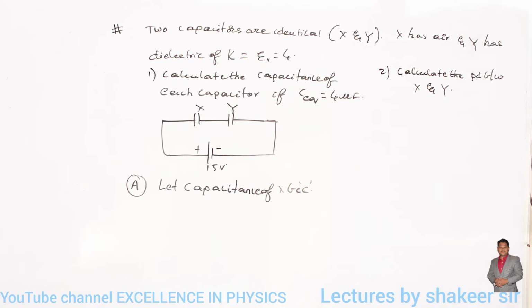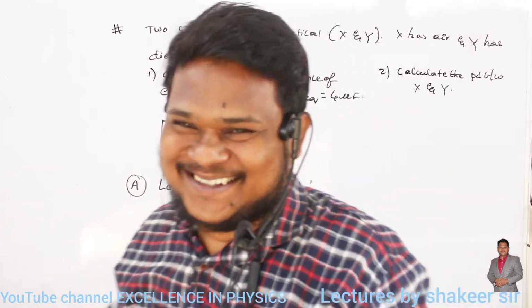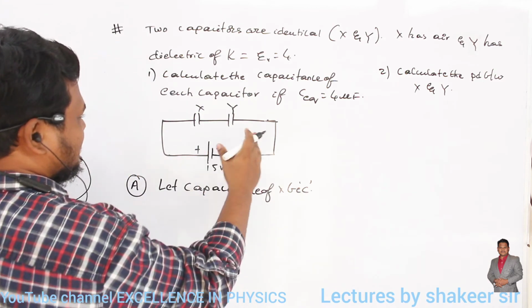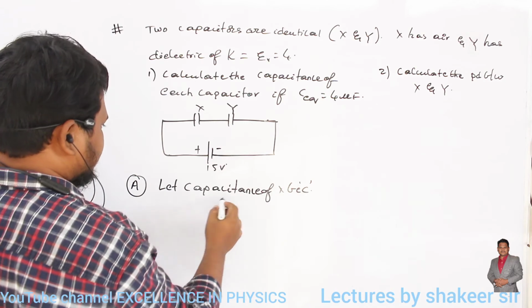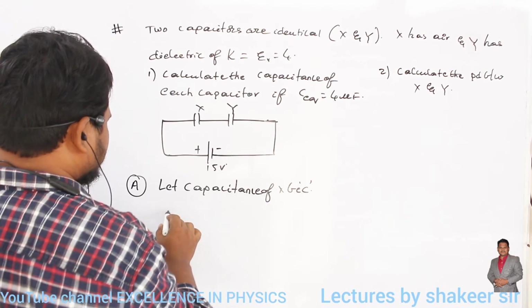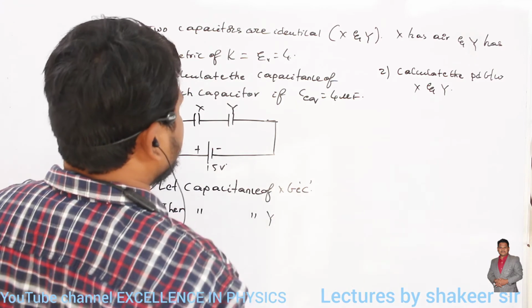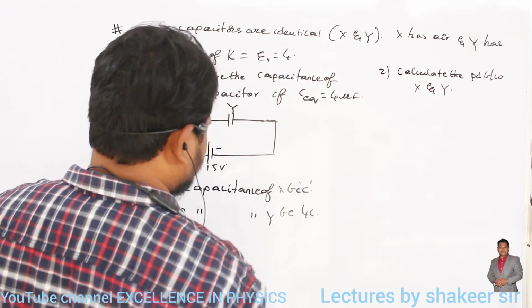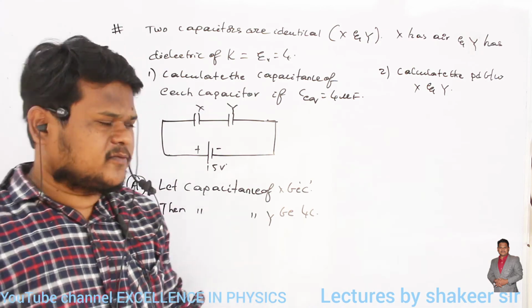Not K C. Before introduction of the dielectric, I am saying. If the capacitance of X is C, then the capacitance of Y, after introducing the dielectric, will be equal to 4C. Because after introducing the dielectric, capacitance will become 4C.